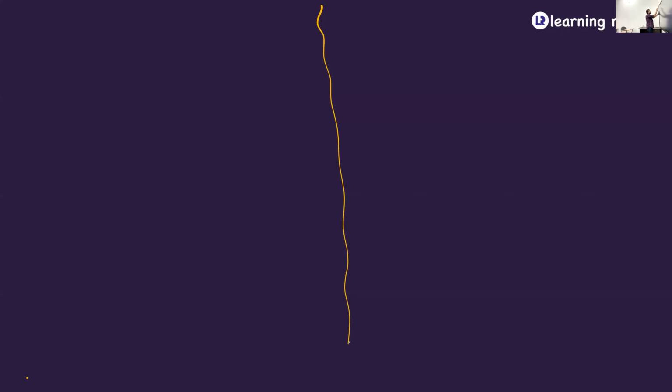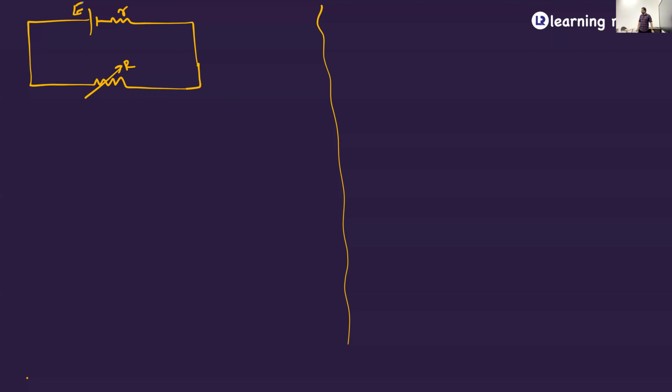See, listen, this is the circuit. They use the word cell only, no? Or the battery. On the positive and negative terminals, there is a variable resistor like this. Correct. What is our objective in this problem? We need to find the values of capital E and r. So there are two scenarios.